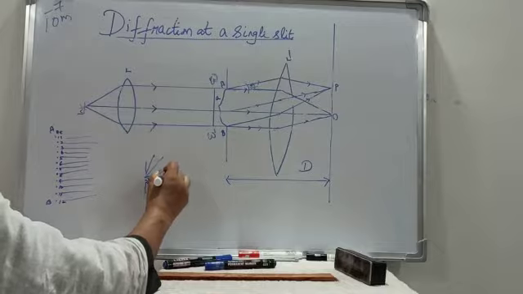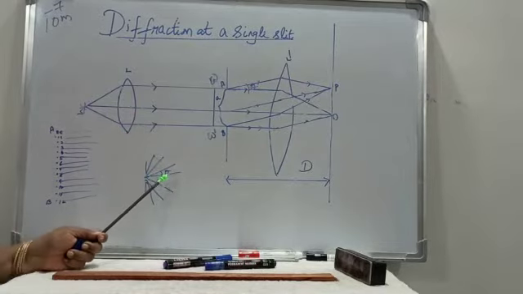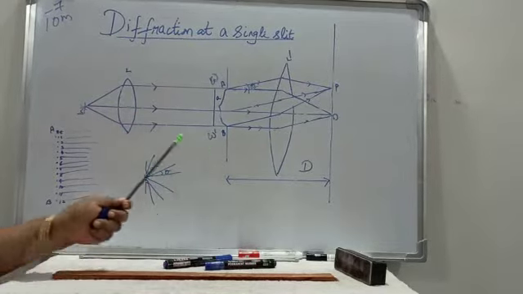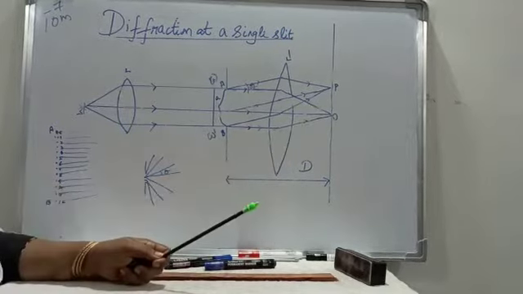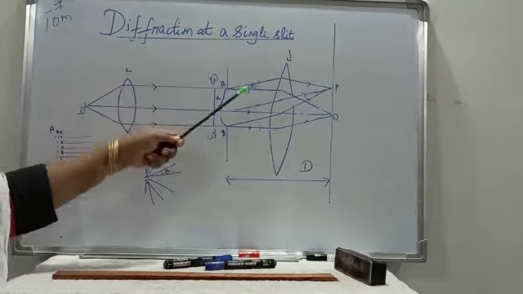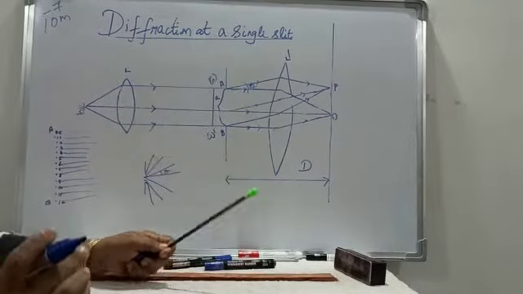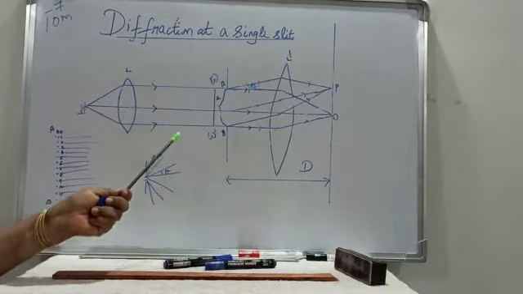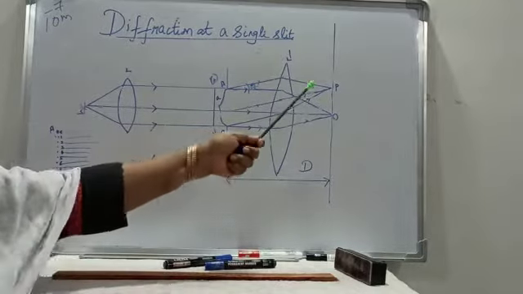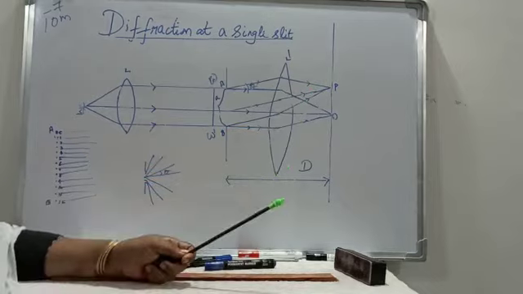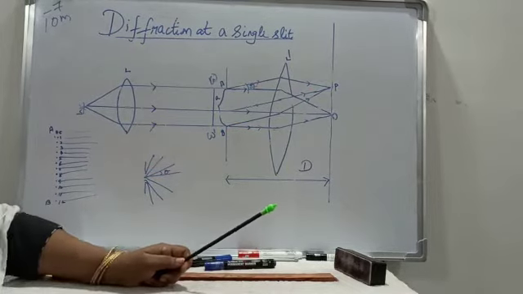First we considered all the wavelets traveling the same path and we got the maximum brightness. Now we consider the waves diffracted at an angle theta. What do you expect at the point P? Is it a maxima or a minima?